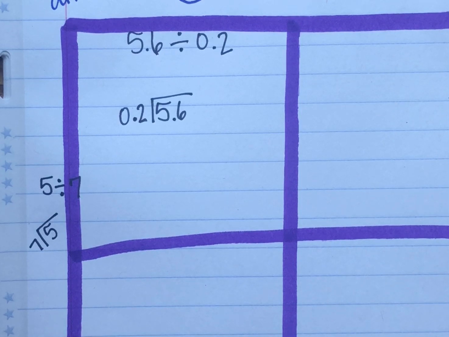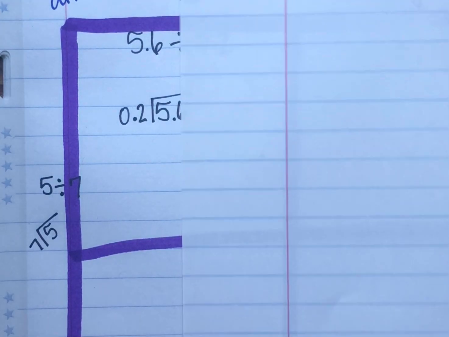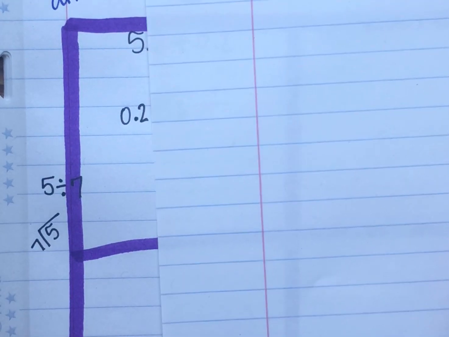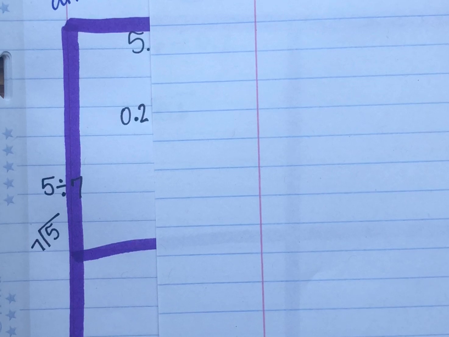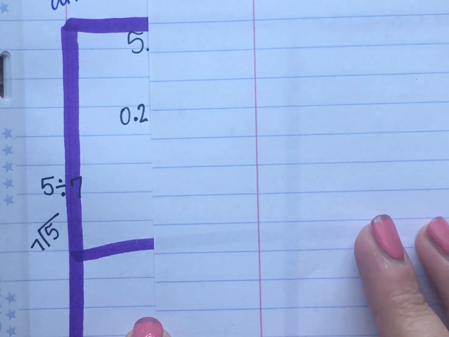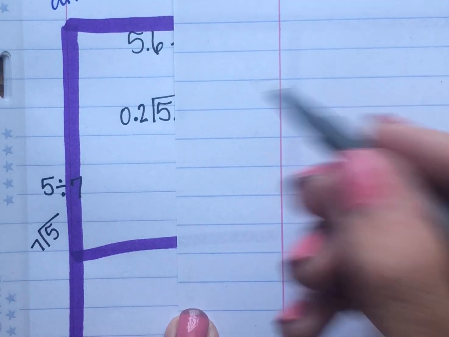Okay, so I like to use something called the hide and slide method. Basically what I do is I hide my division problem and I slide my paper over whenever I need more information. So I'm going to hide everything, I'm going to slide over.